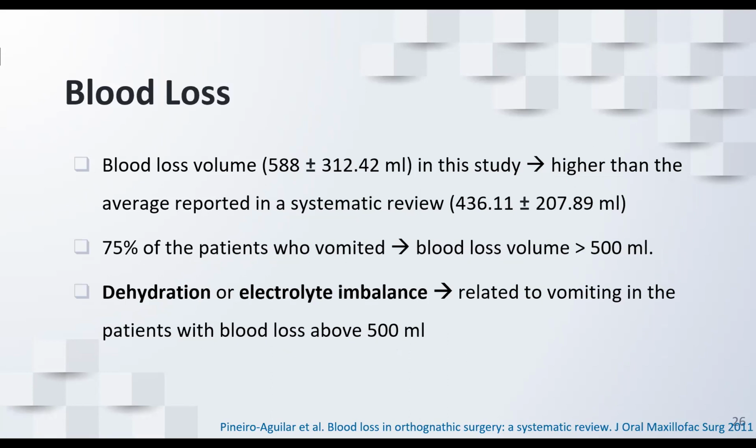Dehydration or electrolyte imbalance may have been the factors related to vomiting in patients who had blood loss greater than 500 cc. Therefore, the author proposed that the estimation of intraoperative blood loss should be included in studies that aim to evaluate the risk of PONV in OGS.